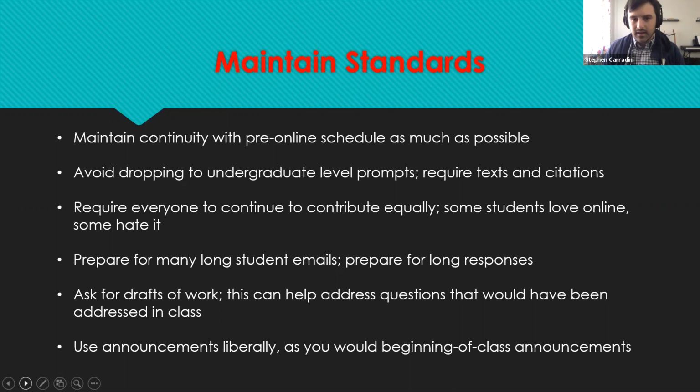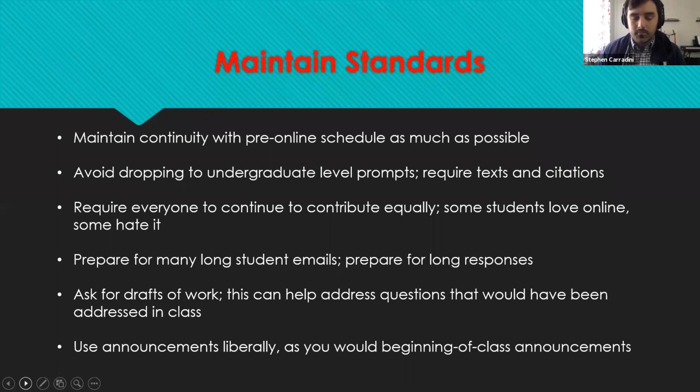And then one thing I do is use announcements liberally. So I like to give beginning of class announcements, but in an online space, that's harder. And I use the announcements to do that. So at the beginning of every week of the course, I'll give an announcement recapping the past week, forecasting the upcoming week. And if there's any individual pieces of news I have to share, I'll put it in an announcement.